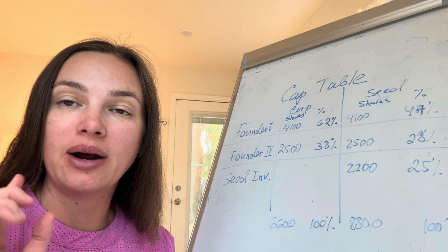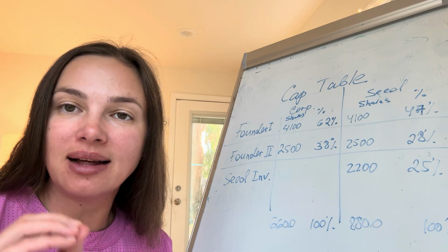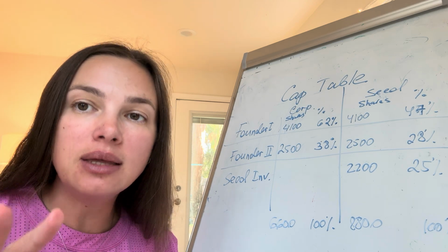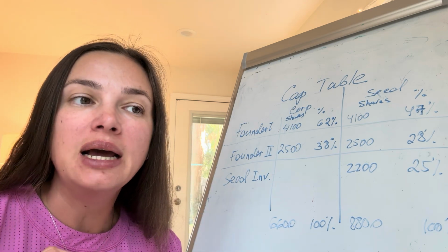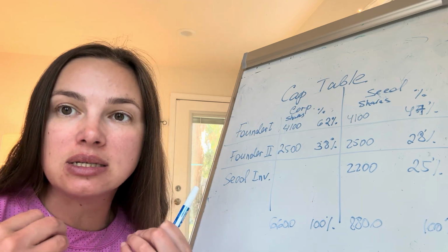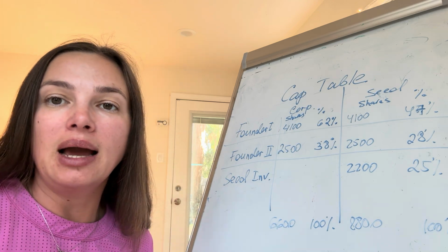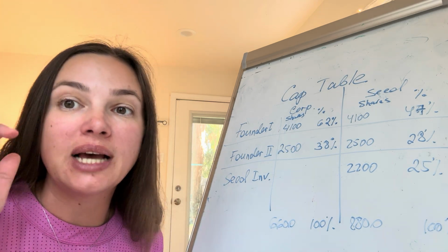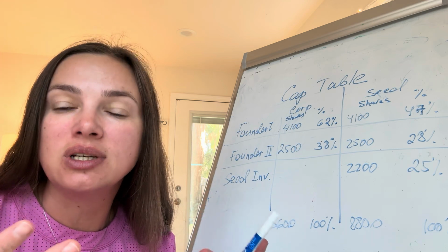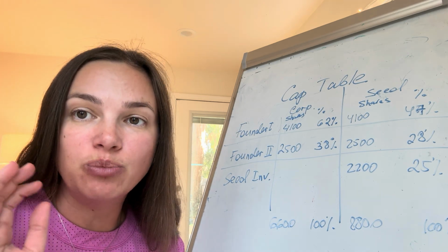This is a table which each founder should have, because this table tells the founder how many shares he or she has in the company, or founders have, how many shares investors have, how much dilution is inside the company, how much I am diluted as a founder, what percentage of the company each of us has, and how we are diluted at each investment round. So a cap table is a very important instrument.